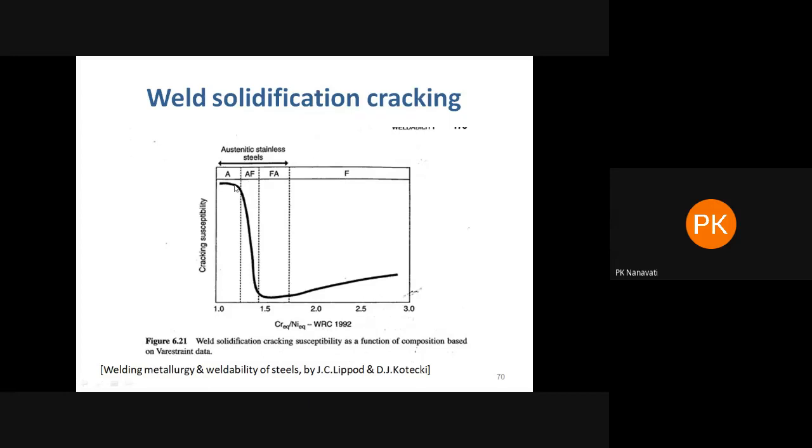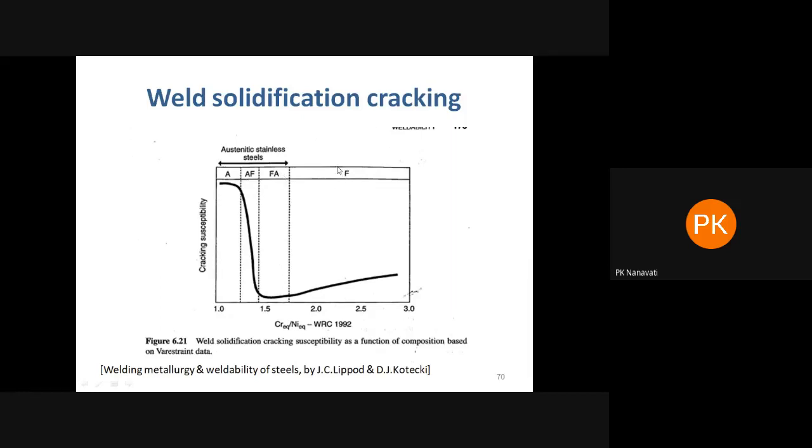Where your composition is cooling from first austenite and second ferrite, that is primary austenite and secondary ferrite, you have comparatively reduced cracking susceptibility, but only for certain compositions, right? But when your composition is first ferrite and second austenite, you have a better situation. It means cracks will not form. The crack susceptibility becomes very low. So you must ensure that your solidification mode is generally FA.